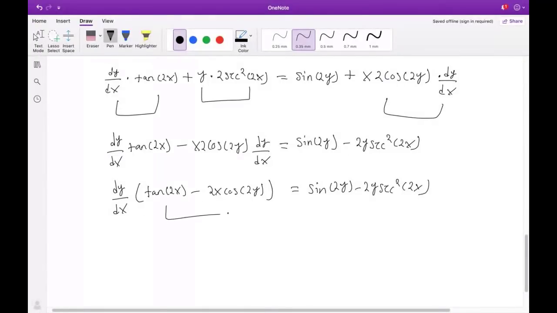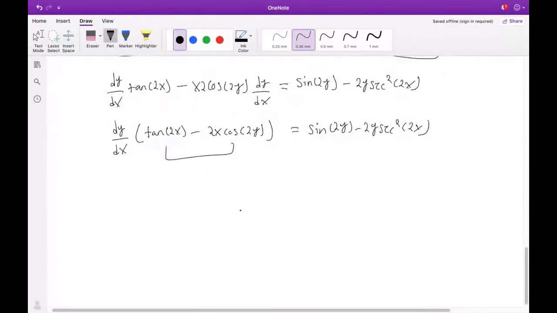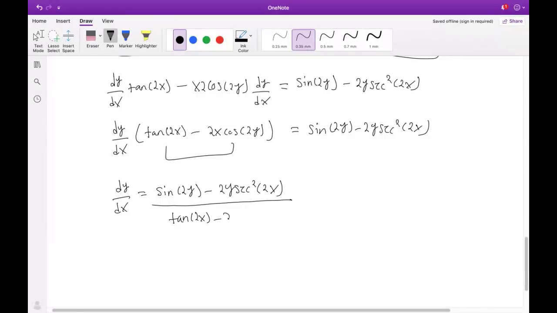And then you can just go ahead and divide over this term onto the right side so that you have dy over dx isolated. So dy over dx is equal to sine of 2y minus 2y secant squared 2x, divided by tangent of 2x minus 2x cosine of 2y.